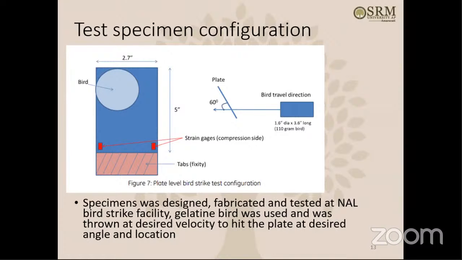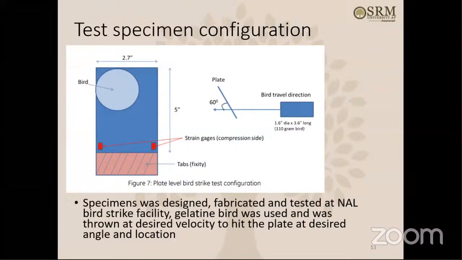The specimen length was 5 inch by 2.7 inch. Total length is 7 inch, but 2 inch goes into the tabs for holding the specimen. This is a rectangular plate made of carbon composite with different layups, like quasi-isotropic and actual family layup.